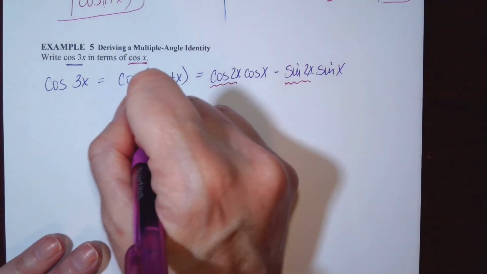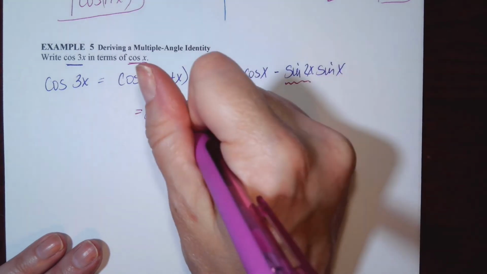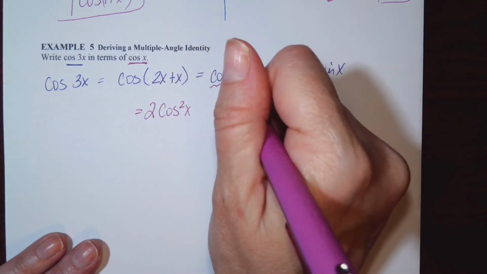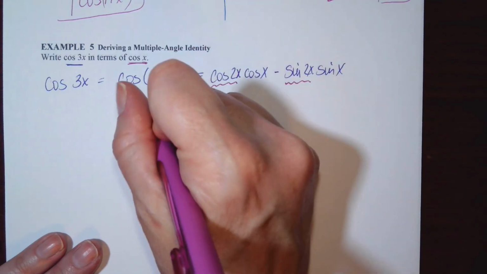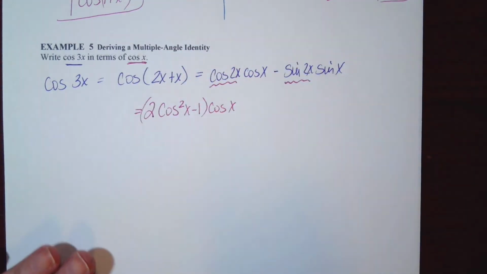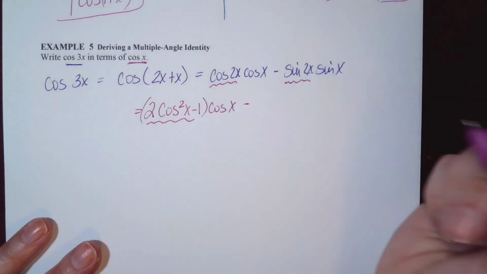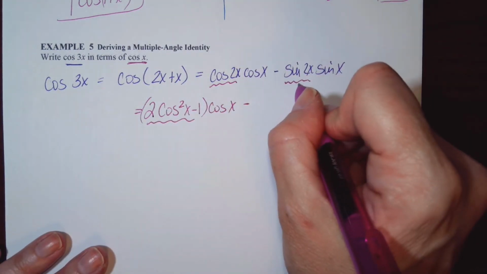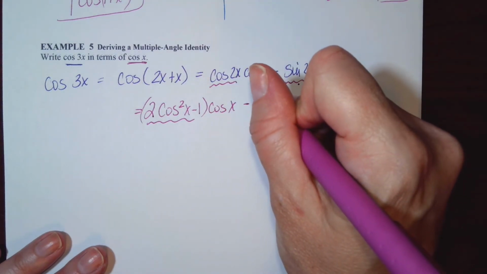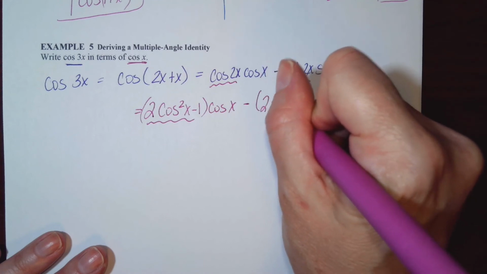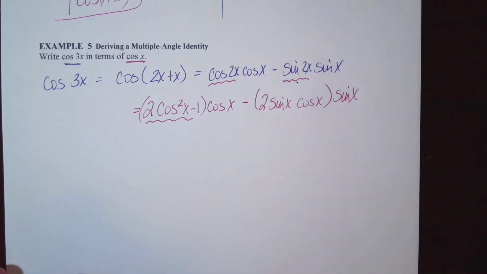So that's going to be 2 cosine square x minus 1 times cosine x. That's that substitution right there. Minus, and then I only have one option for double angle sine, so let's just do it. Let's do minus 2 sine x cosine x, and then that's times sine x.